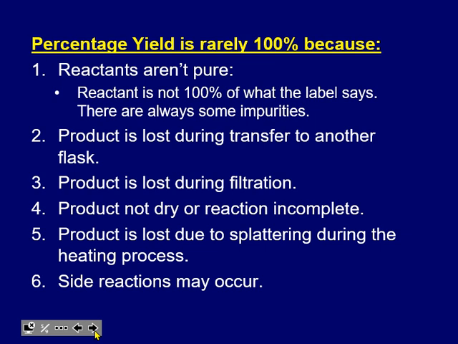Okay. Product loss due to transfer. We didn't have too much issue with that. It's typically when we talk about aqueous solutions. If I have something dissolved in this beaker and I want to put it in the Erlenmeyer flask, you all know that when you're dealing with liquids, you can never get it all out of there. So if I had a reactant in there, I would have some stuck.